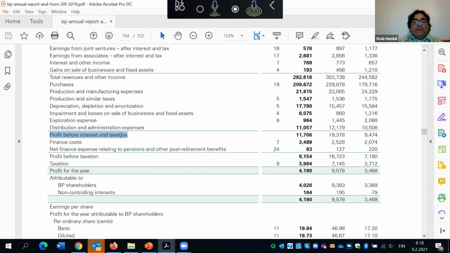I wrote in the slide that operating profit is basically your earnings before interest and tax, so I use the word EBIT. But my dear company accountants are using the phrase, oh sorry, I think I didn't share the screen with you. I hope you can see it now.